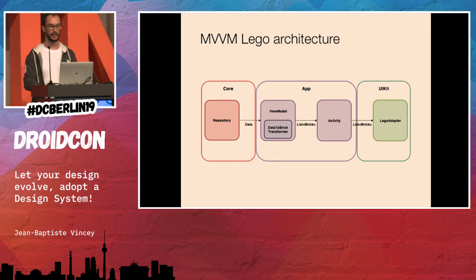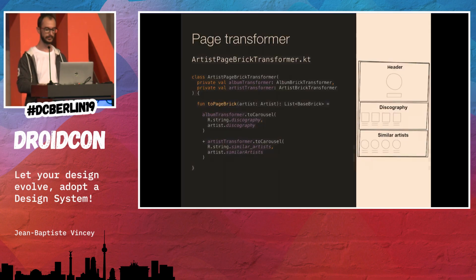Okay, so all you need to do in order to create a feature, a screen, when you already have all bricks defined, is only to create your view model, to fetch your data, and to create your transformer that transforms your data into bricks. And so it is really simple.